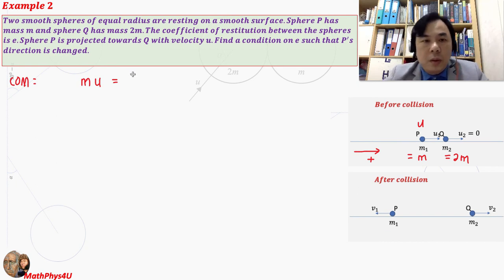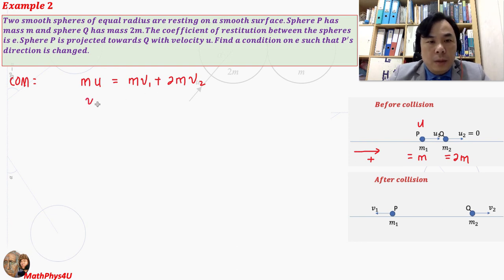So here we have m v1, I can write down v1 here if you're not sure which direction it is, and then I will have 2m v2. By simplifying this, you will get 2 v2 equal to u... that will be our first equation.